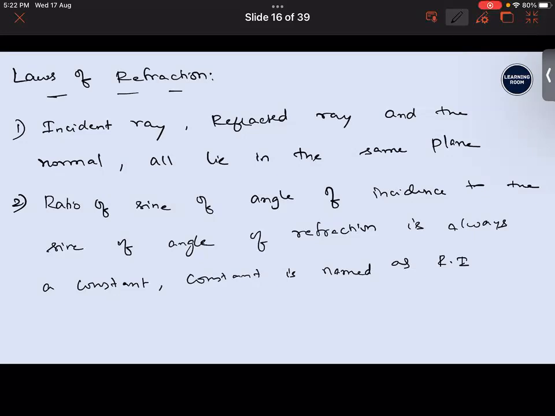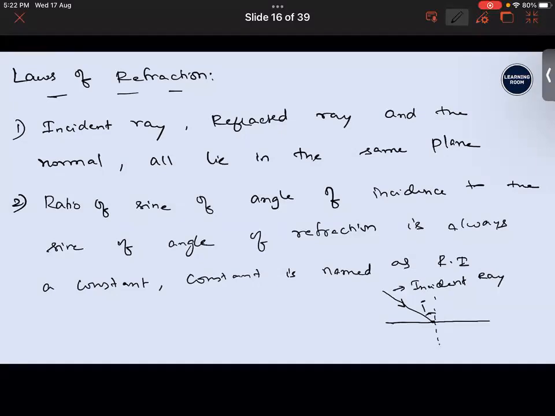Okay. So when you take a boundary like this, the ray which is incident is called the incident ray. At the point of incidence, if you draw a normal, then this angle is called the angle of incidence. This would be the actual path. When light travels from one medium to another, it starts bending either towards the normal or away from the normal.